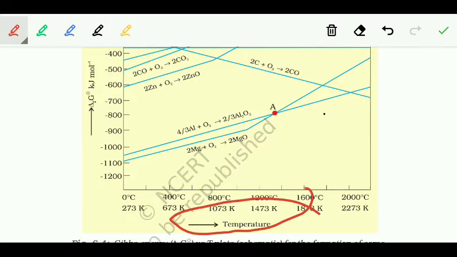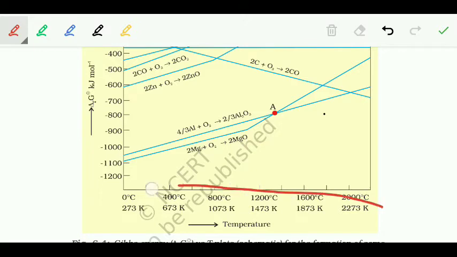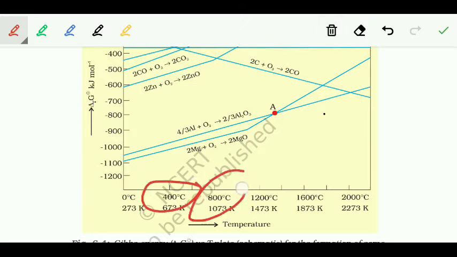Temperature is represented in both scales, degrees Celsius as well as Kelvin, because the original diagram was made in degrees Celsius, and afterwards we converted it into the Kelvin scale. So I advise that you go with degrees Celsius because it has perfect round-off values, that is 400, 800 degrees Celsius, 1200 and so on.